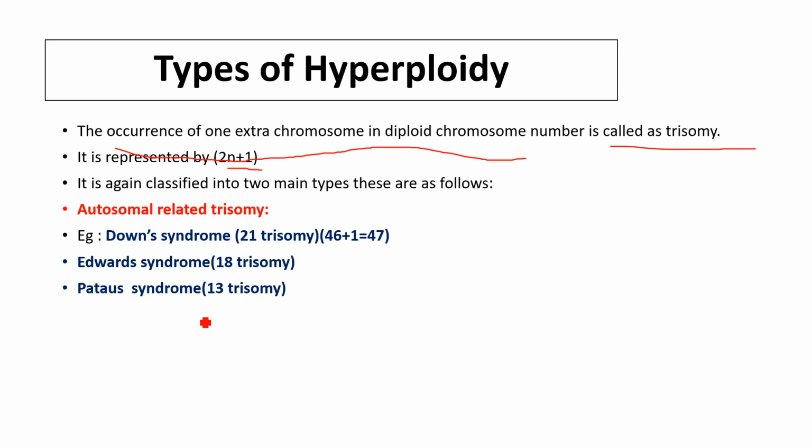In this autosomal related trisomy, we take the examples: Down syndrome, 21 trisomy, 46 plus 1; Edwards syndrome, 18 trisomy; Patau syndrome, 13 trisomy.